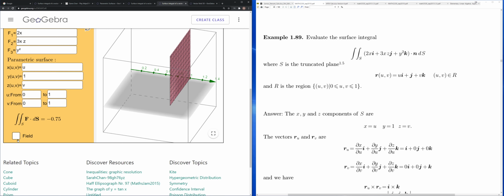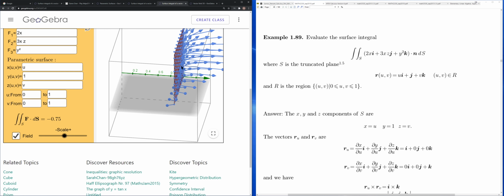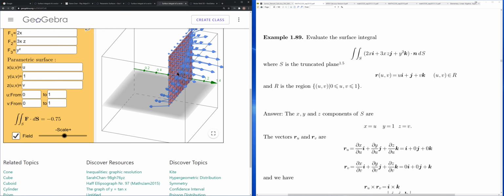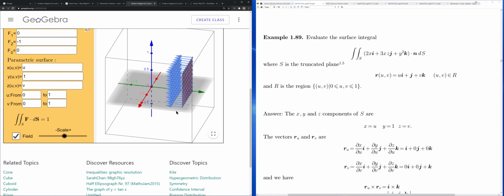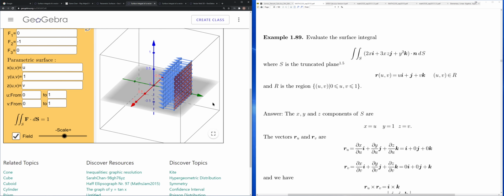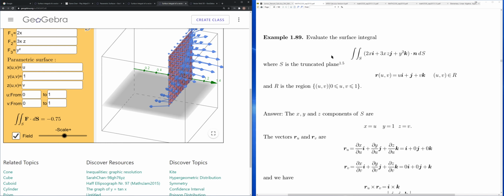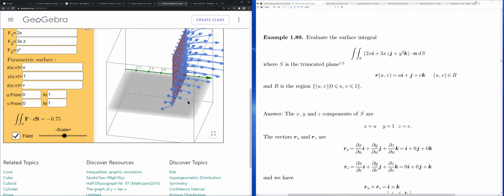Your vector field is these blue arrows that are sort of curved in this direction, and this is the orientation for your surface S over here. So this is the small n, and these blue arrows are your vector field.